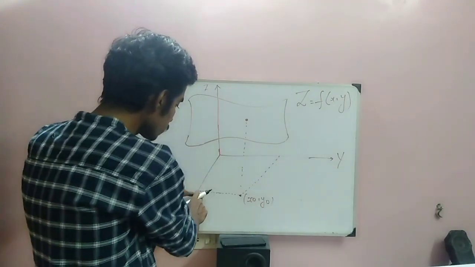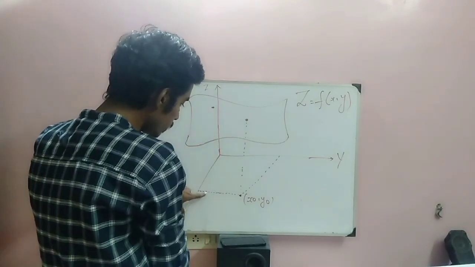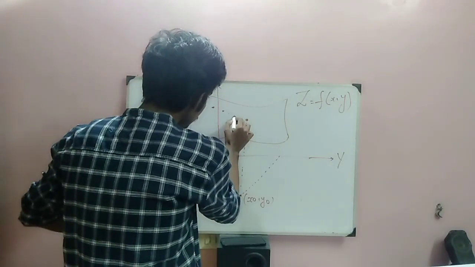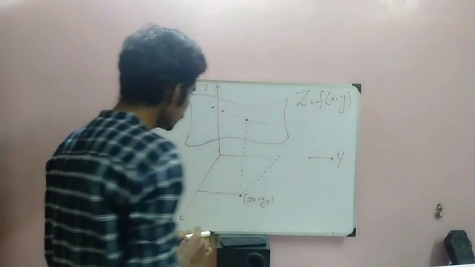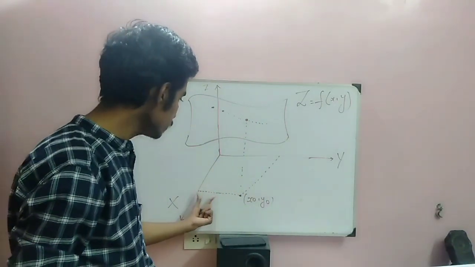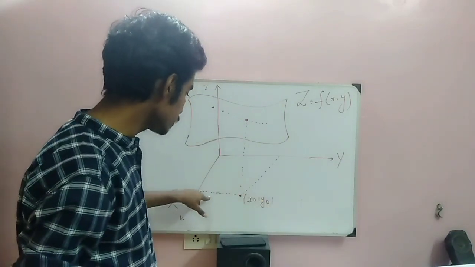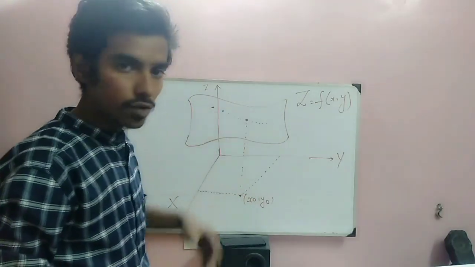Let us say our function value for this point is somewhere around here, and for this point somewhere around here, and this is our new function. So I am fixing x naught and varying y naught, that is x naught comma y1, x naught comma y2, and plotting the function value.